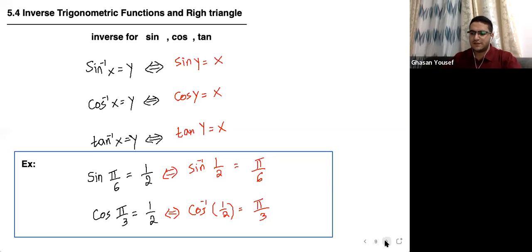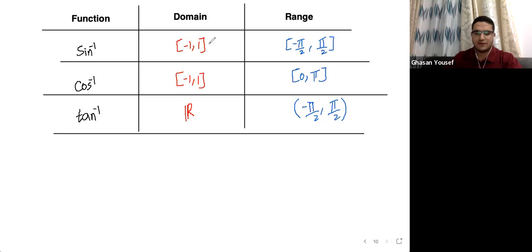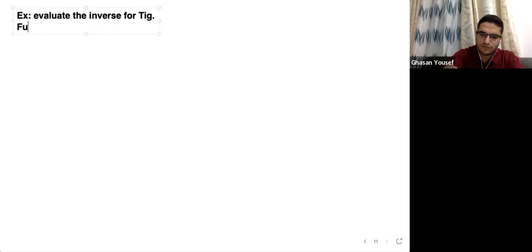Okay, now let's give an example and explain how I can use the table. How exactly I can use the table. This table, you have to memorize it. So the example is like this: evaluate the inverse for the trigonometric function for each of the following.